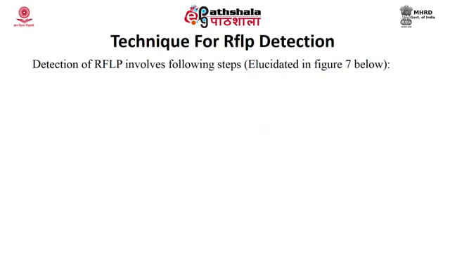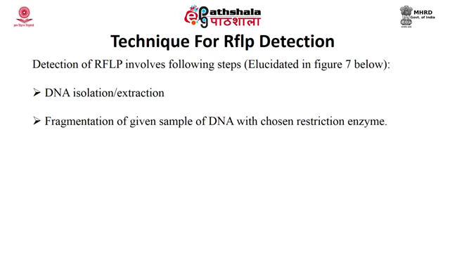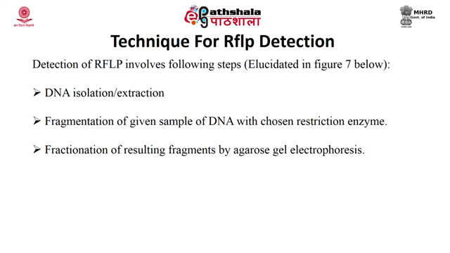Techniques for RFLP detection. Detection of RFLP involves the following steps, which are also elucidated in figure 7 below. First, DNA isolation or extraction. Second, fragmentation of the given sample of DNA with a chosen restriction enzyme. Third, fractionation of the resulting fragments by agarose gel electrophoresis.